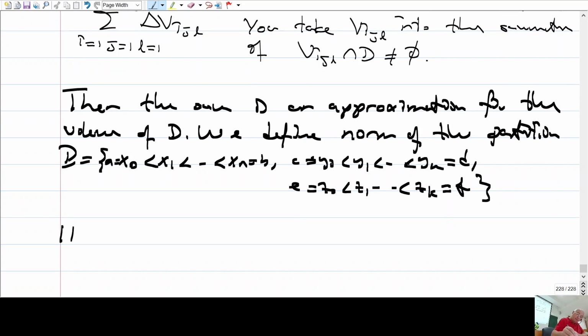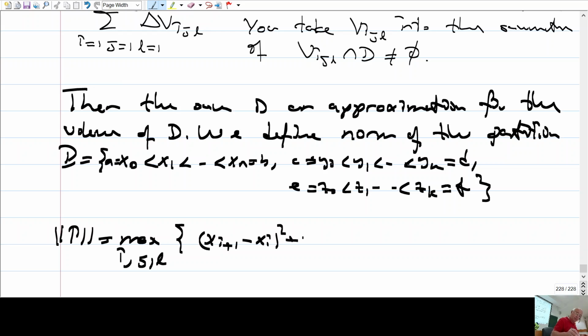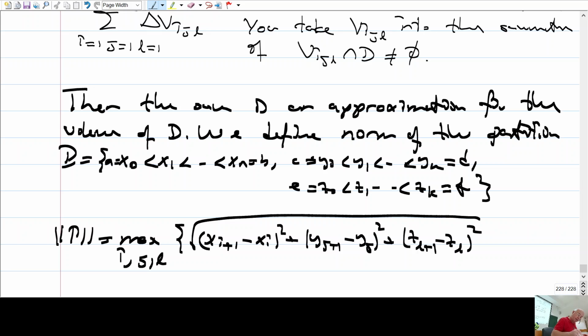By the norm of this we mean the following: the maximum over all i, j, l of the following object, the square root of (x_{i+1} minus x_i) squared plus (y_{j+1} minus y_j) squared plus (z_{l+1} minus z_l) squared.